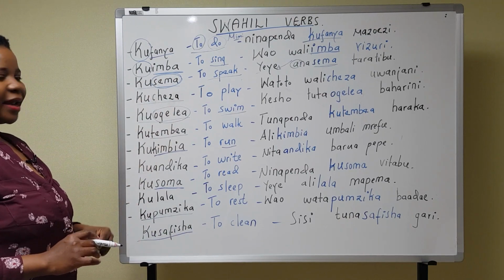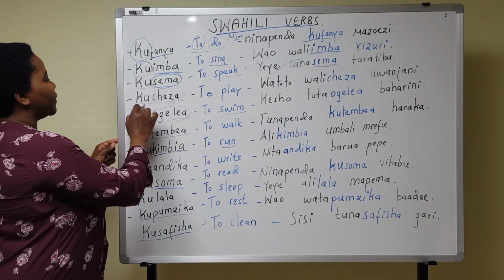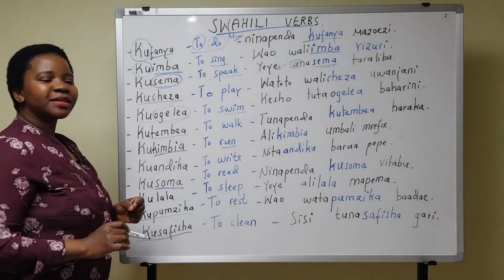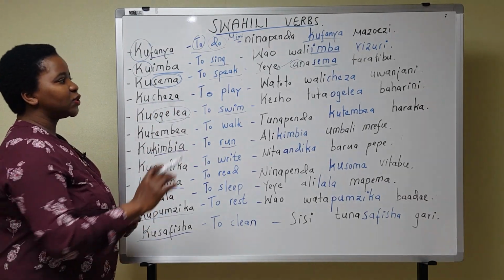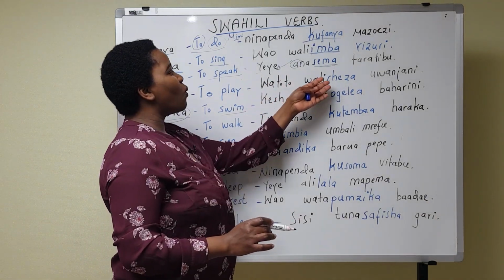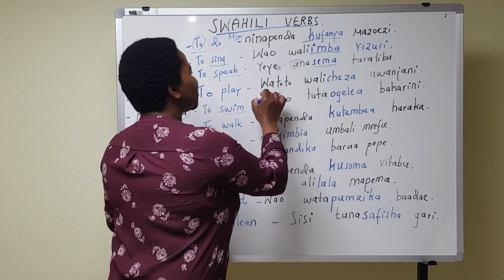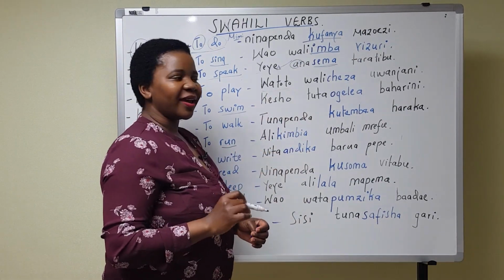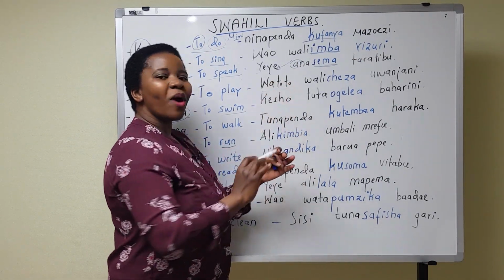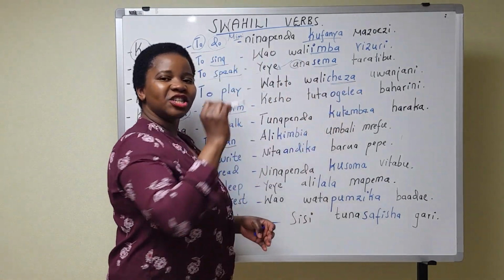Let's look at another example, where the verb is kucheza, which is to play. The example says, watoto walicheza uwanjani. Watoto, children. Cheza, walicheza.